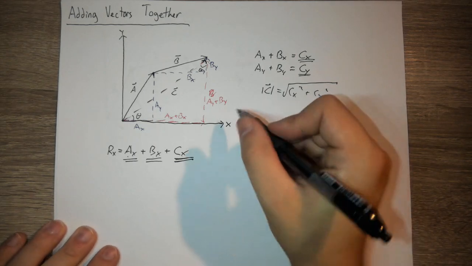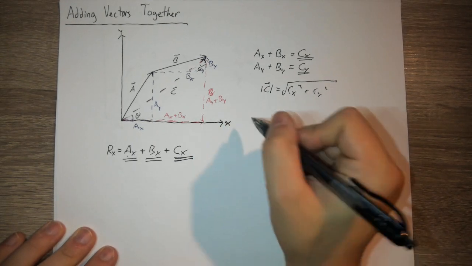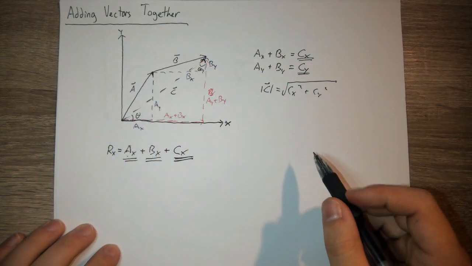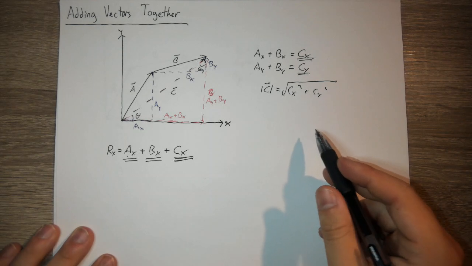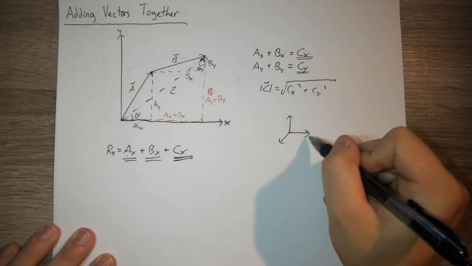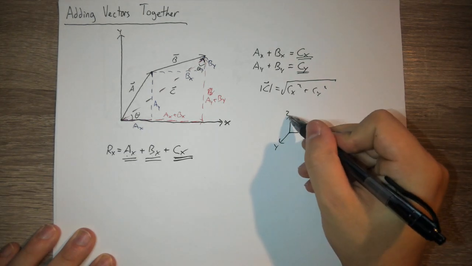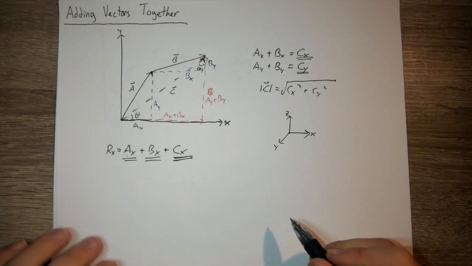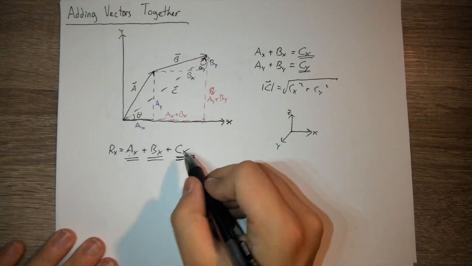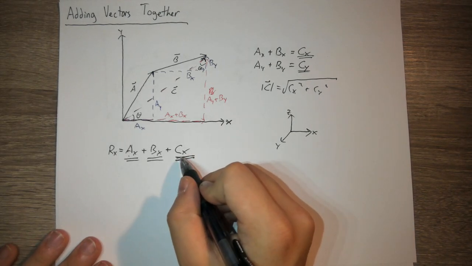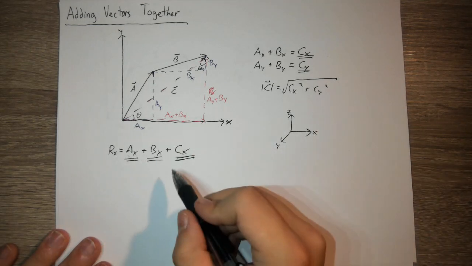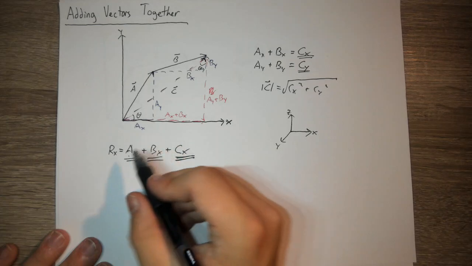Now, this problem we've done here is in two dimensions. We have an x and a y axis. But what if we had, say, three dimensions? Like in three-dimensional space, you've got x, y, z. How would we do this? Well, instead of adding a new term, you'd have a new equation. So, say we had two vectors in 3D.